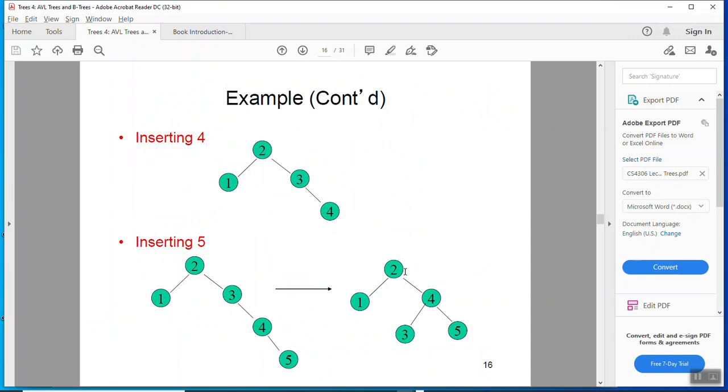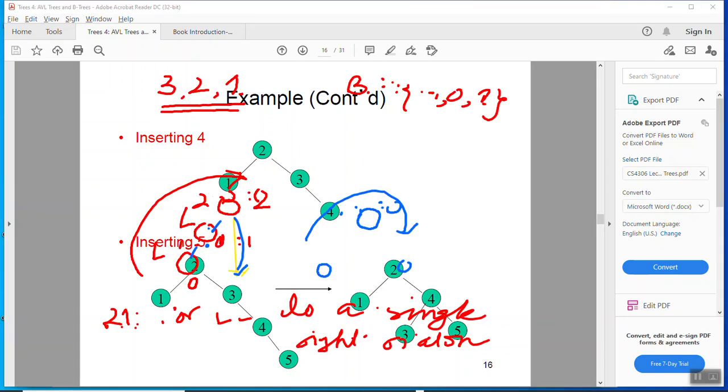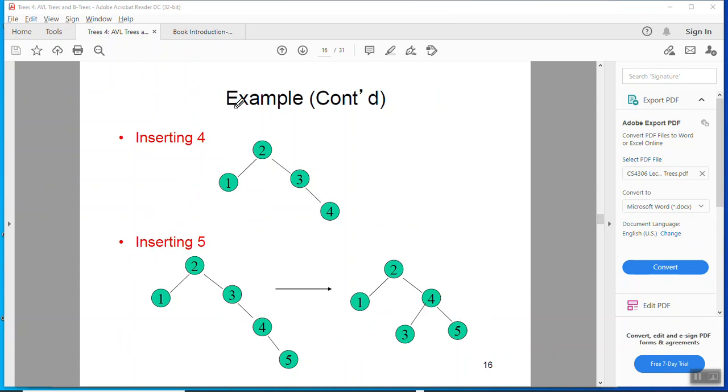Now when inserting 4, since 4 is greater than 3, it will go to the right side, right? Whenever we insert, every time we need to check the balance factor. This balance factor is 0; for this one the left height is 1 and the right height is 0; for this one the left height is 0 and the right height is 1.